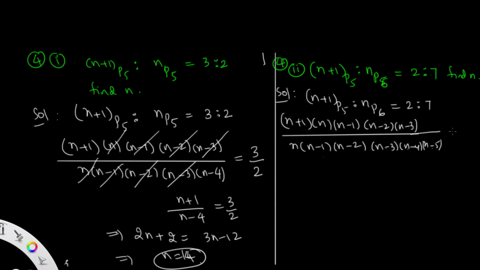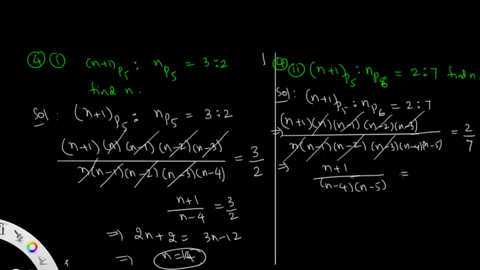This is compared with 2 by 7. By observing, we can simplify here also. n gets cancelled, n minus 1 gets cancelled, n minus 2, and n minus 3 as well, and the remaining terms are n plus 1 by n minus 4 into n minus 5.